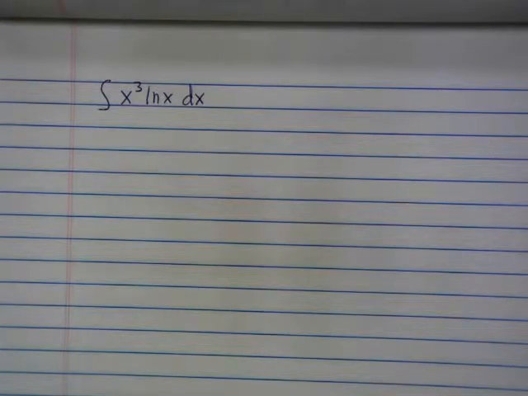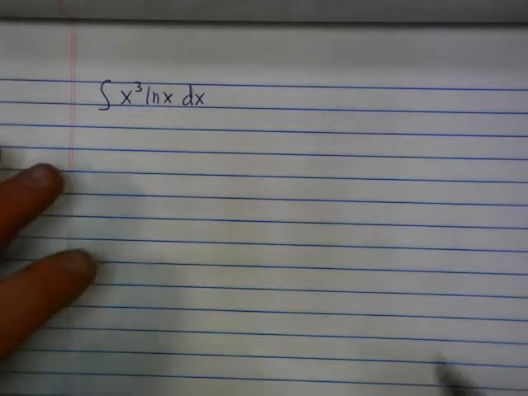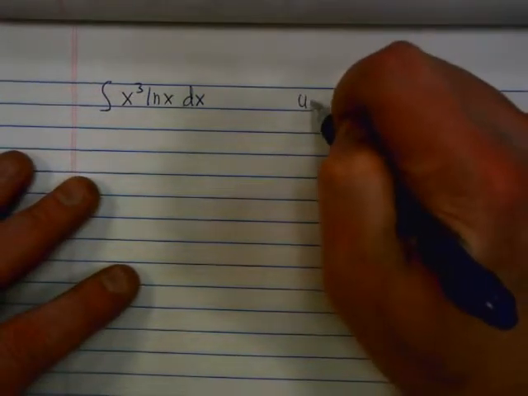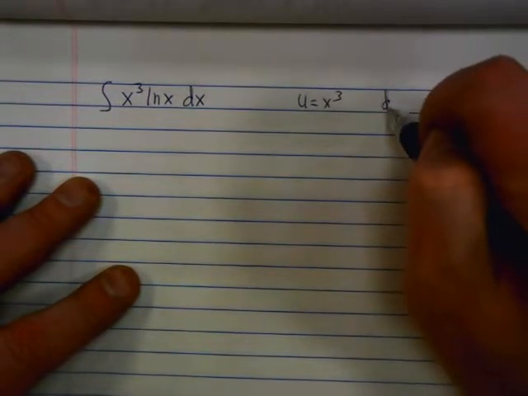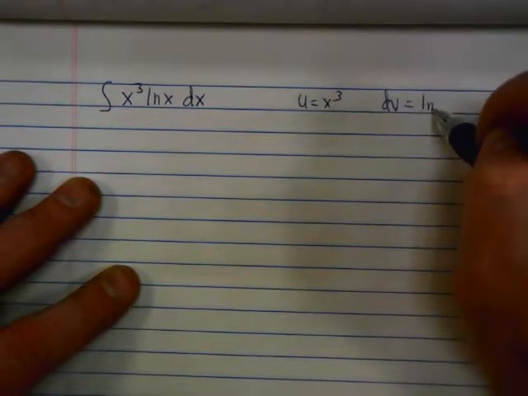So you're switching your mind? No, I just had a momentary confusion which one was which. No, the x cubed should be u. U should be x cubed, and dv should be ln x. U equals x cubed, dv equals ln x dx.